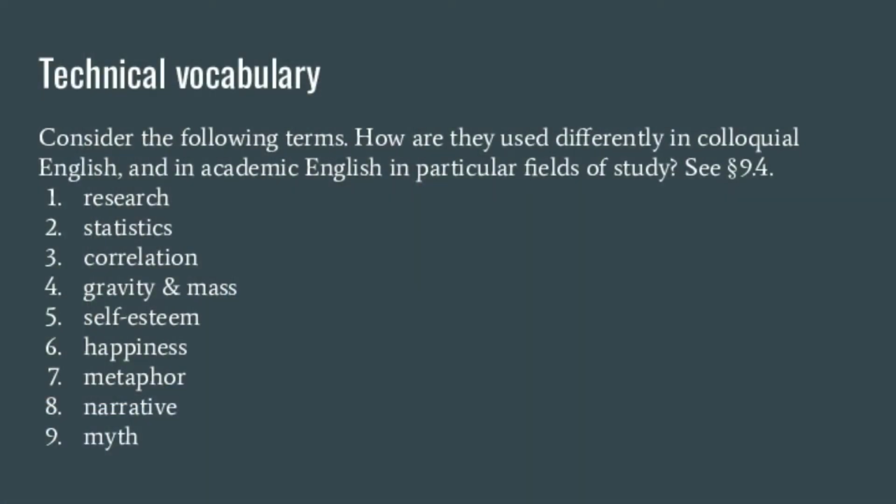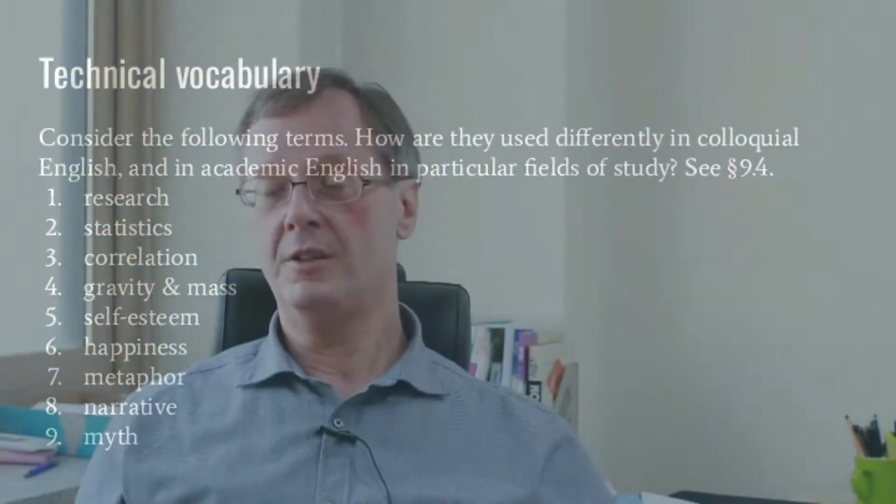Moving on to psychology, self-esteem. What is self-esteem? You probably think of it as how you feel about yourself. And that's true generally, in the general sense. Now in psychology though, they will have a very specialized definition of self-esteem. It's defined in more technical terms as how you evaluate yourself according to certain criteria.